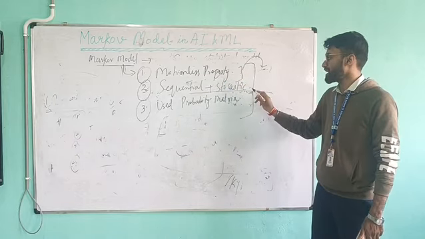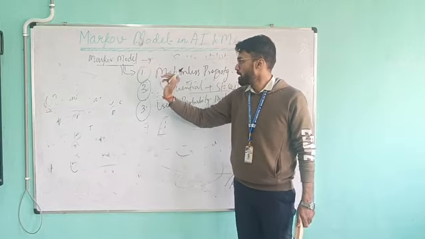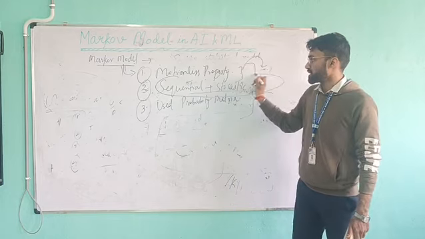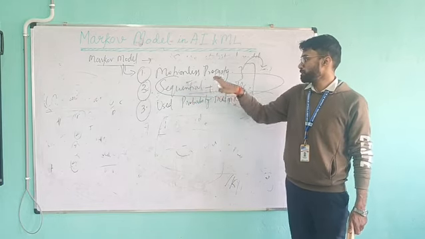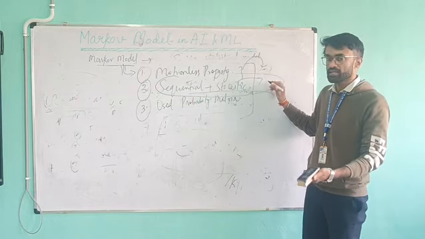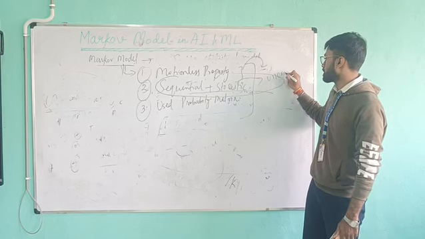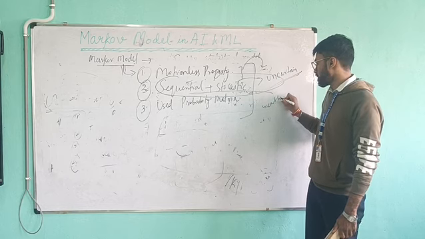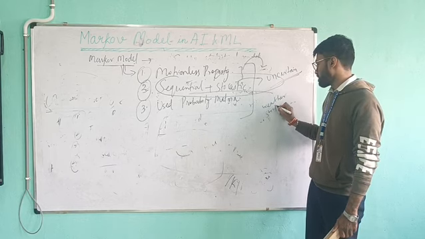Second is sequential and stochastic. Stochastic means situations which are uncertain, for example the weather, or the stock market.